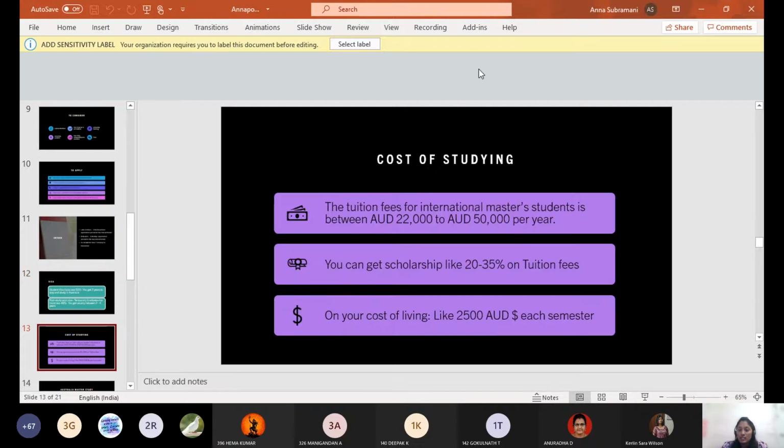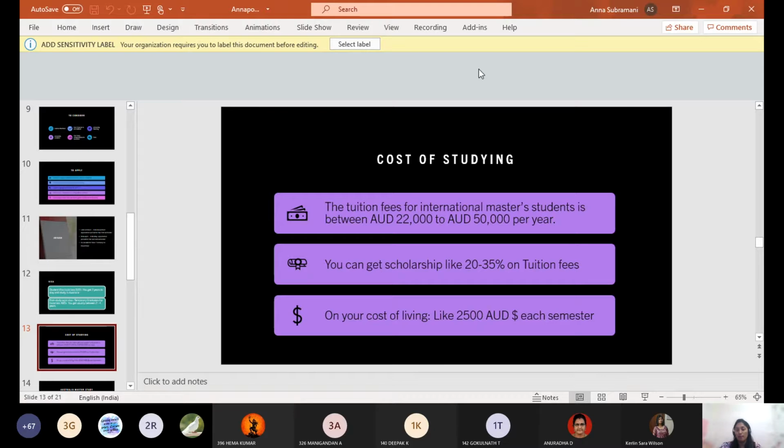Yes. Okay. So the cost of studying, as I mentioned before, Australia is not too expensive compared to other masters options. It's roughly between 22,000 to 50,000 per year. If you combine both the years, you would be paying around 30 lakhs to 40 lakhs.